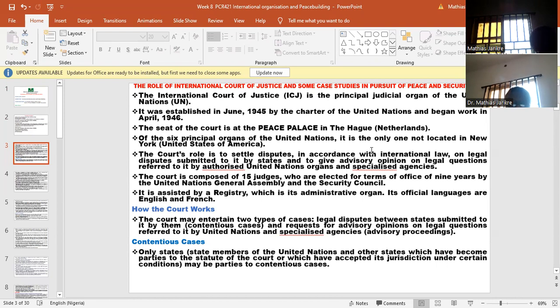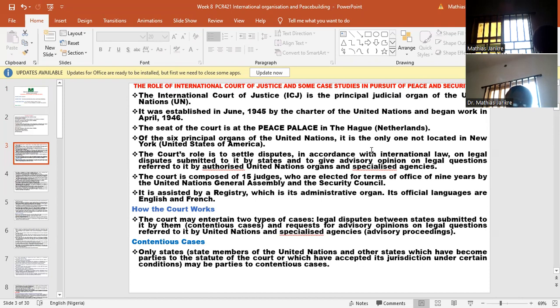The court's role is to settle disputes in accordance with international law on legal disputes submitted by states, and to give advisory opinions on legal questions referred to it by authorized United Nations organs and specialized agencies.